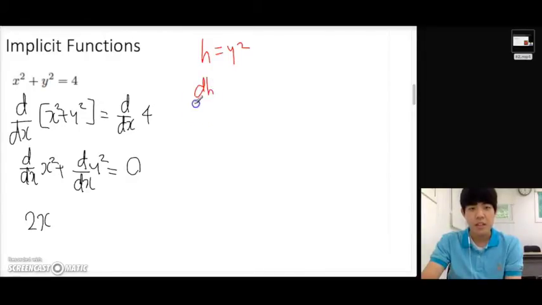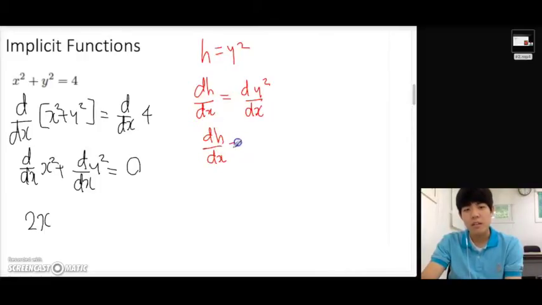So dh/dx equals d(y squared)/dx. Now, this is something we learned in the chain rule, so we can express dh/dx as a product of dh/dy multiplied by dy/dx.